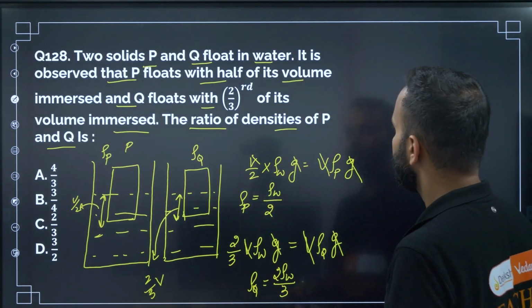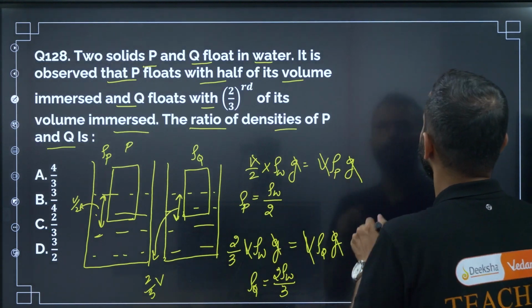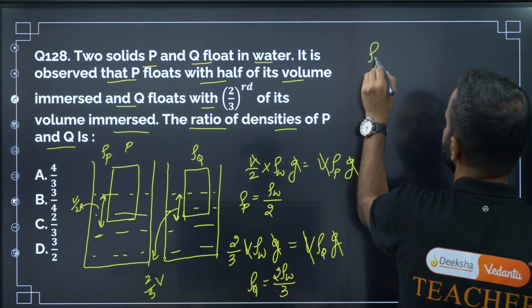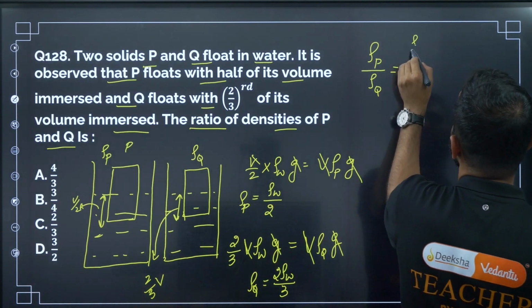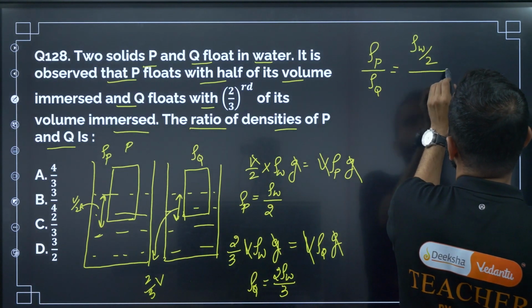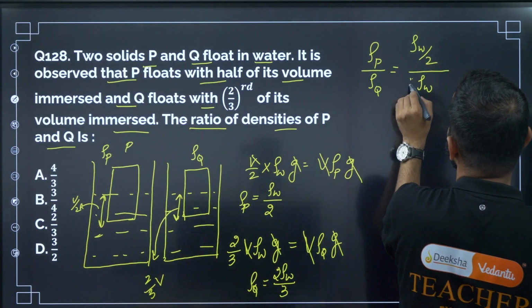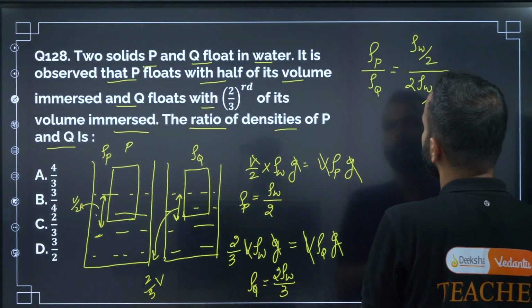Now we need to find the ratio of densities of P and Q. Ratio of densities of P and Q, right? Which is equal to here rho W divided by 2 whole divided by 2 rho W divided by 3. Okay.